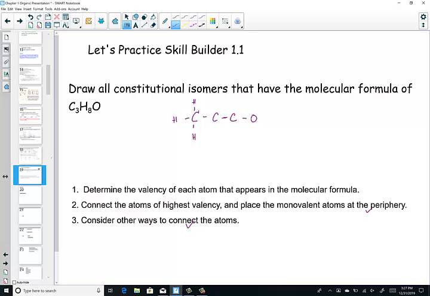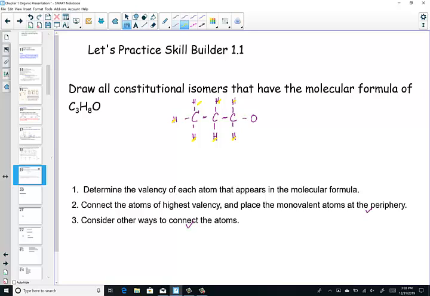This carbon in the center already has 2 bonds, so it requires 2 hydrogens to complete the 4 bonds it needs. Same here, this hydrogen and this hydrogen complete that carbon's 4 valence bonds. And that has given us 1, 2, 3, 4, 5, 6, 7.